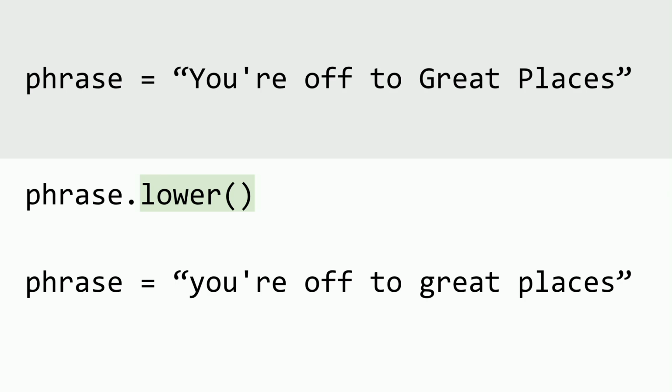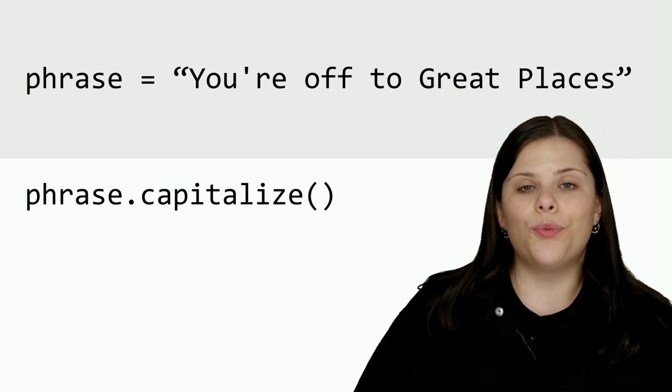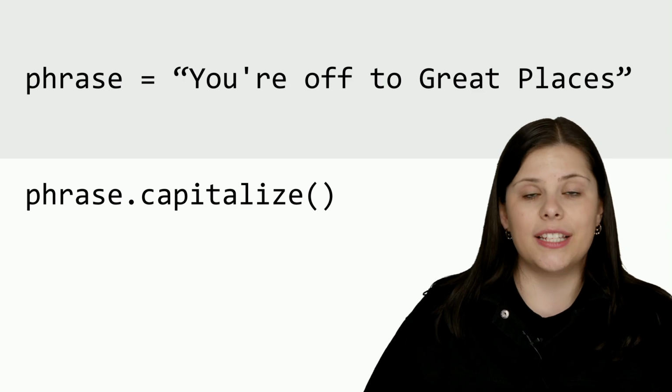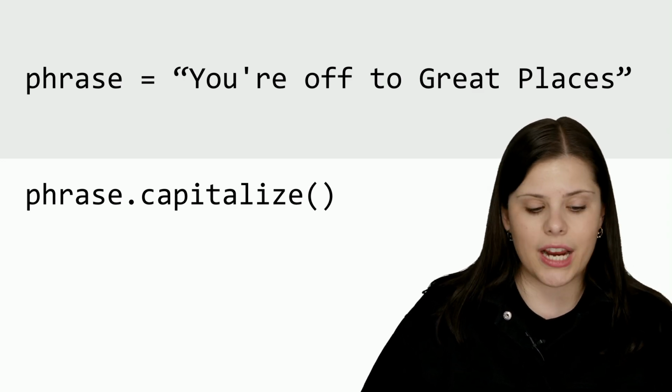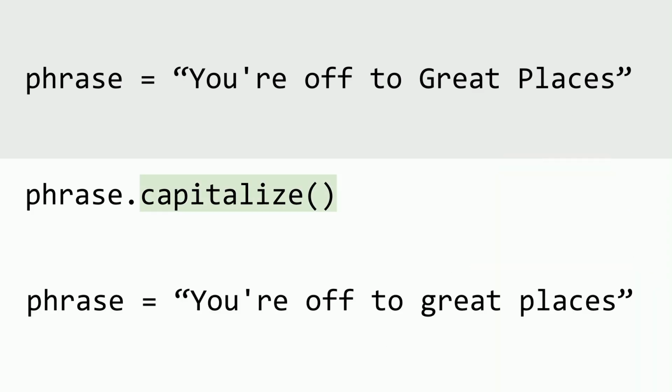Well, what are some other tools that we have in our toolkit now? One of the other ones is capitalize. What that one will do is grab the first letter of your string and capitalize just that letter, leaving all the other ones lowercase.